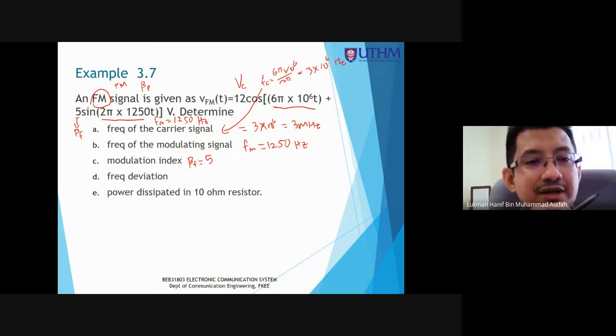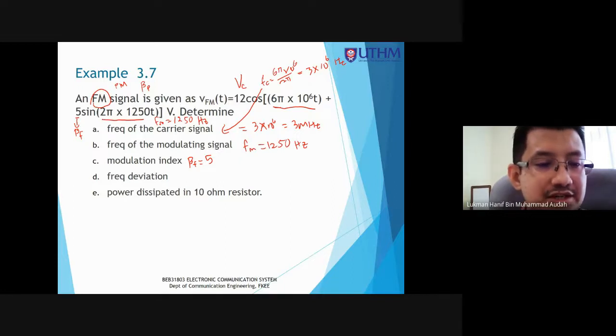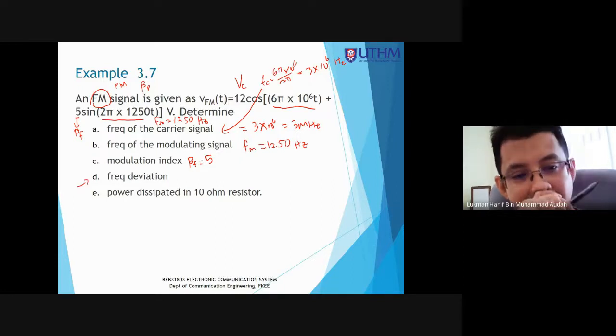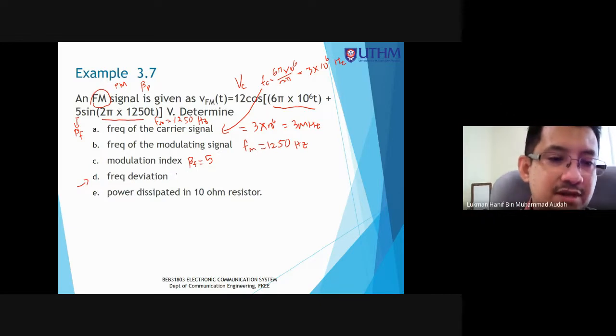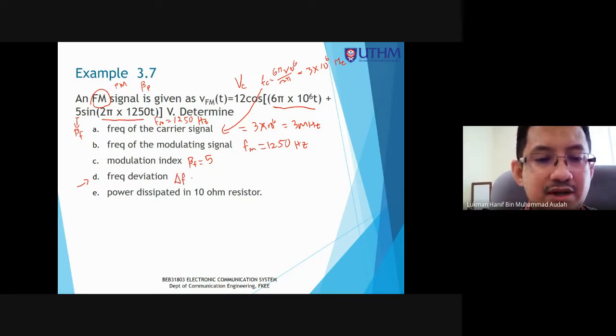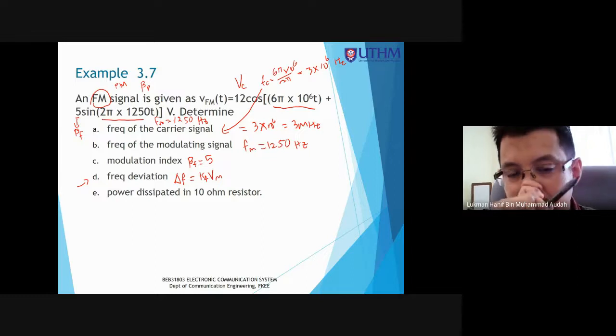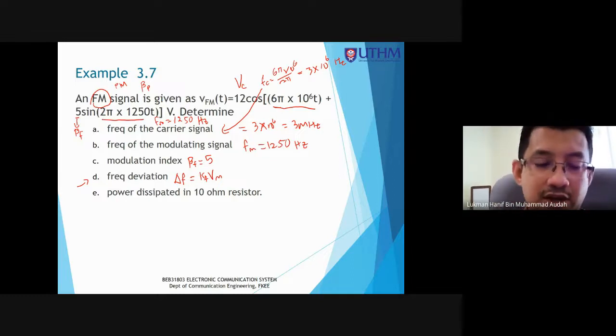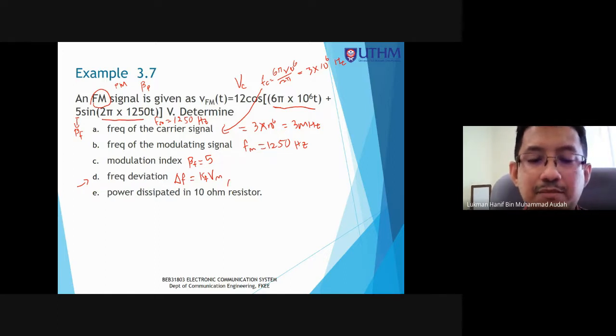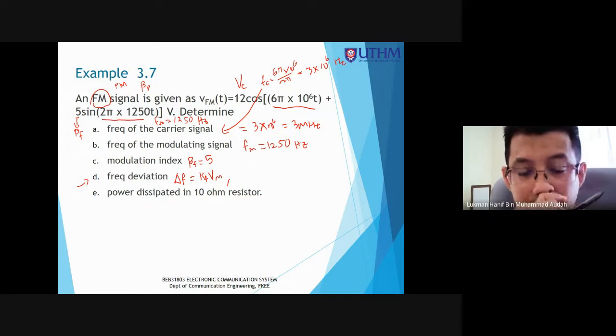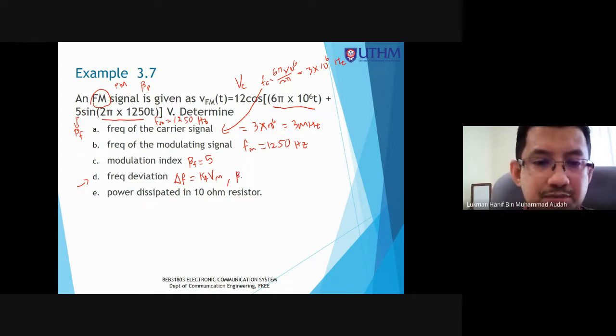Okay, so determine next, D. Determine frequency deviation. Frequency deviation is delta F. Remember delta F? Delta F is equal to KF VM. Or you can also derive delta F from the beta equation, the modulation index equation. If you remember, beta F is actually equal to delta F over FM.